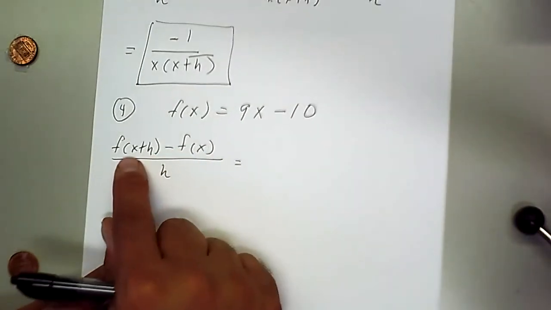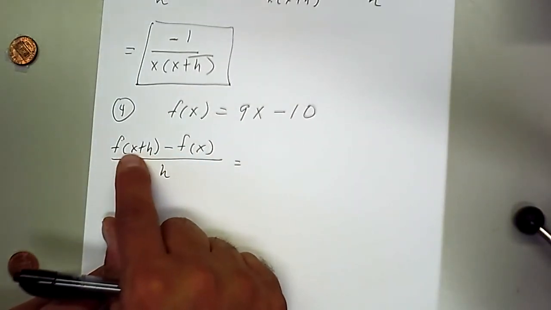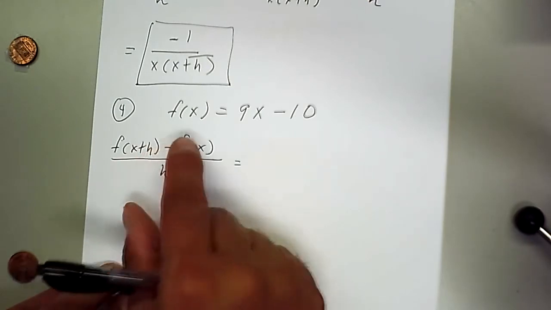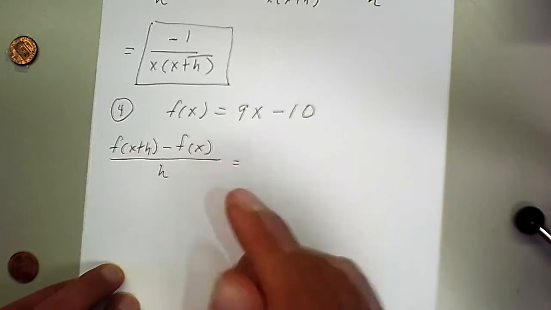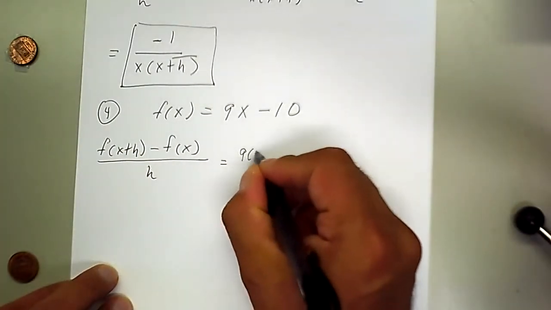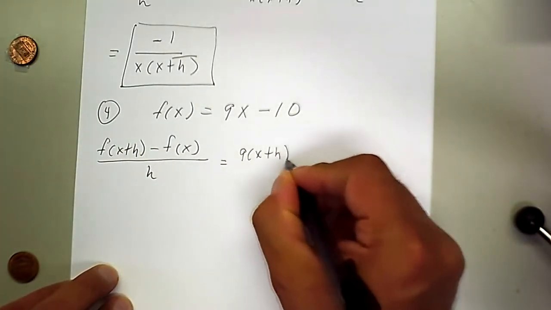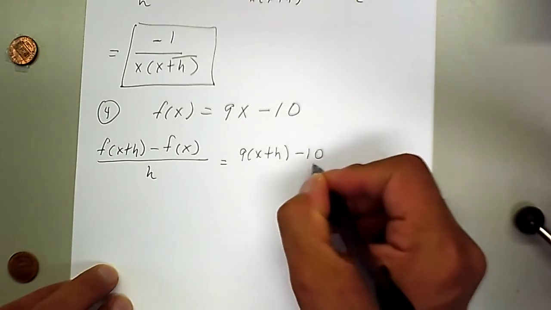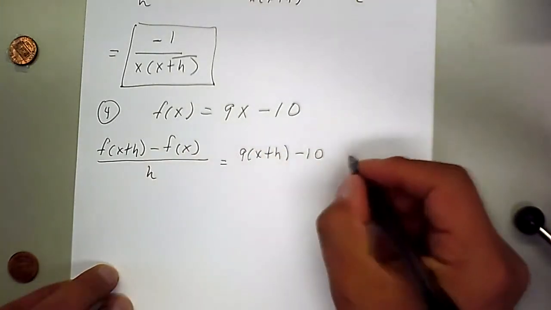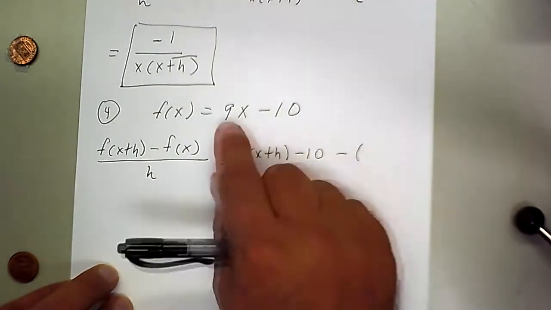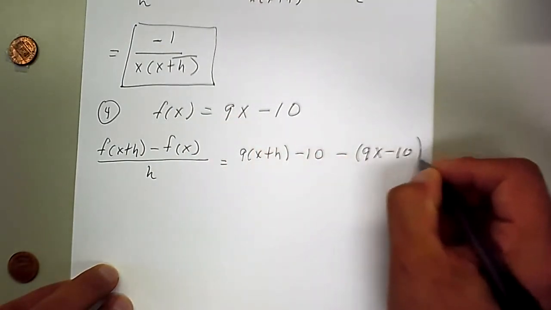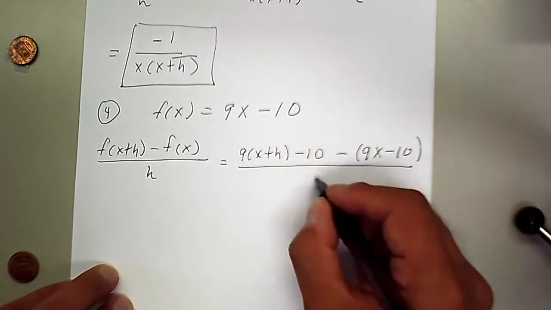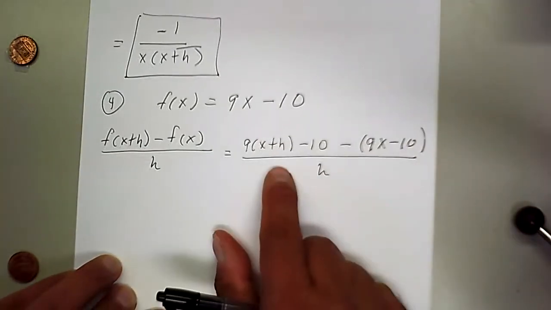So when we are using this formula, the input is x plus h. So we're going to multiply x plus h, the entire input, by 9. 9 times the quantity x plus h minus 10. And then we're going to subtract 9x minus 10. All of that over h. Okay, so initially that's what we have.